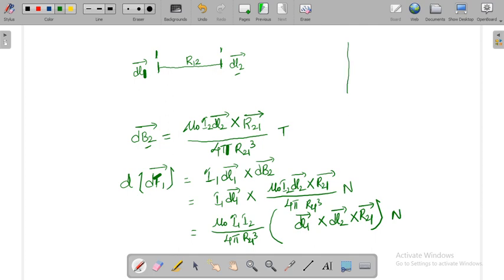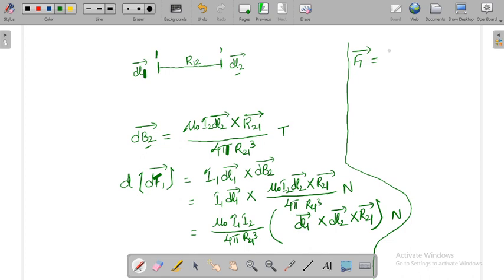This is d of dF1 bar, the differential force on the differential element due to the other differential element. In order to find F1 bar, I need to take integration two times. These two current carrying conductors are forming a closed path, not circular, they are of indefinite shape, but they form a closed path.